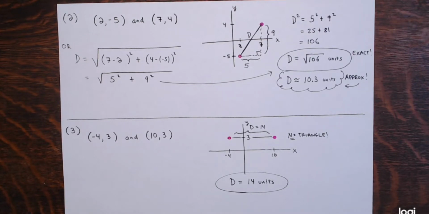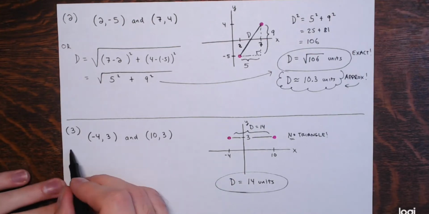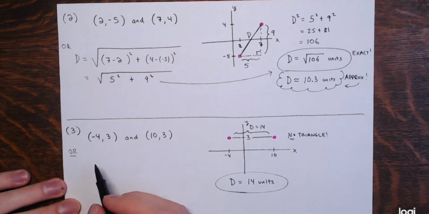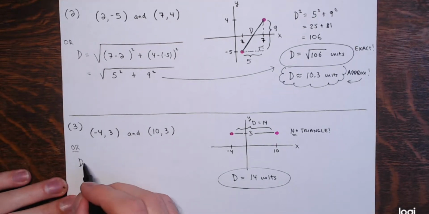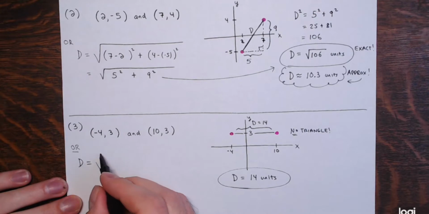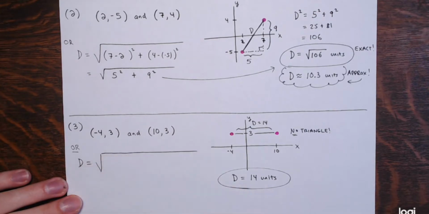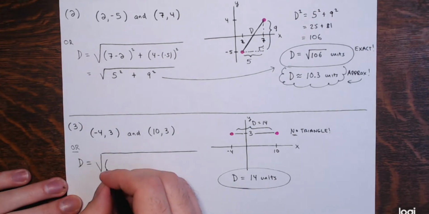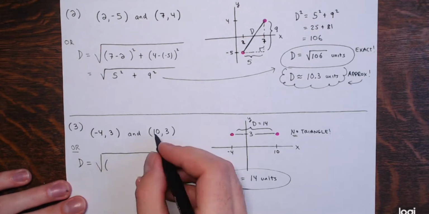Now obviously on a picture it makes it easy, but as I've been saying, you can always use this formula. The distance between these 2 points, make a big square root. Then inside the first parentheses you have 10 minus -4.